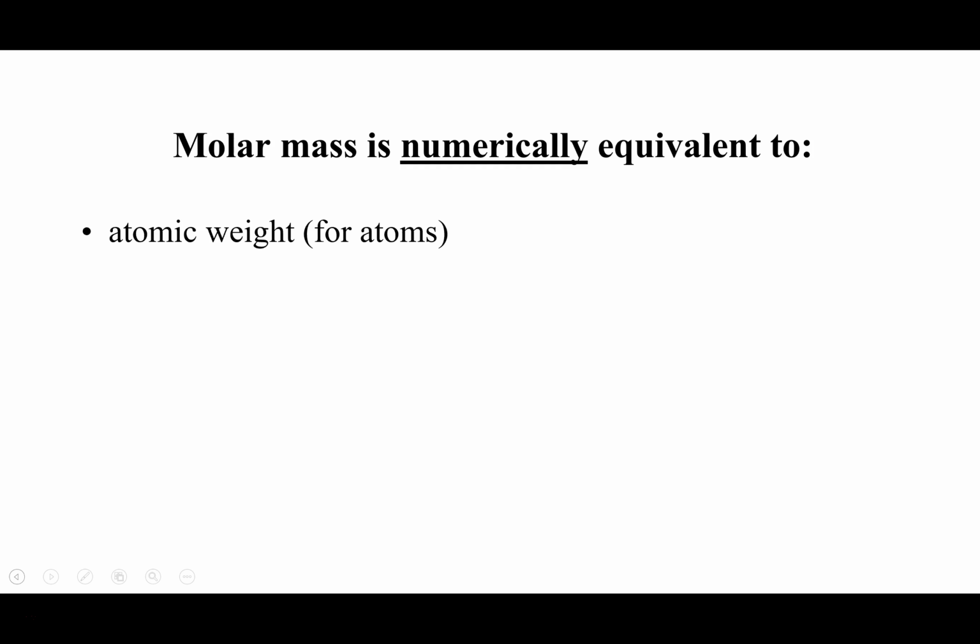For atoms, molar mass is that decimal number, which is the average atomic weight. For compounds, it's not so surprising, and you can convince yourself of this. When we met in here on Monday, we came up with molecular weight. How much does a molecule of water weigh?